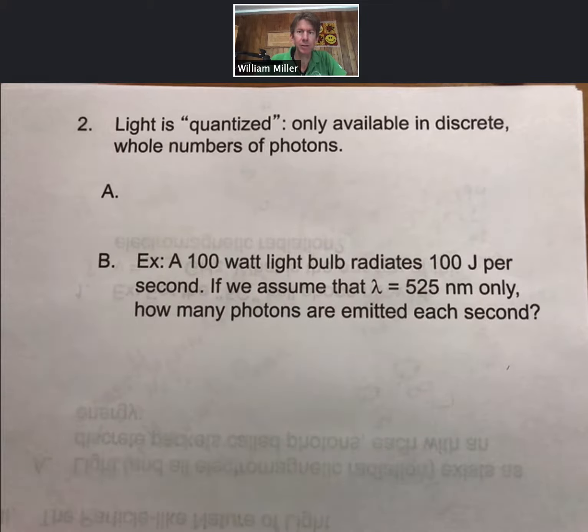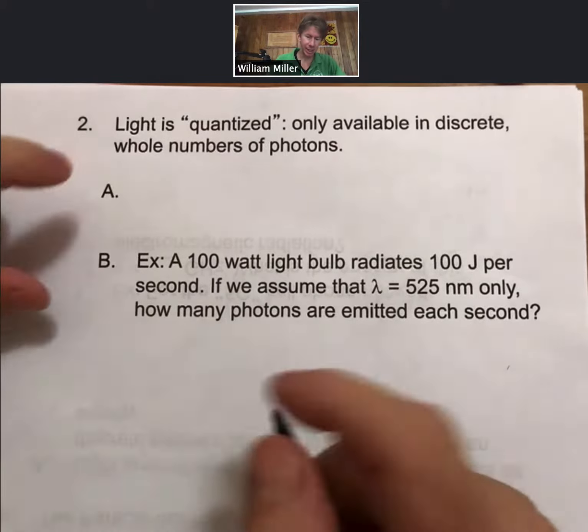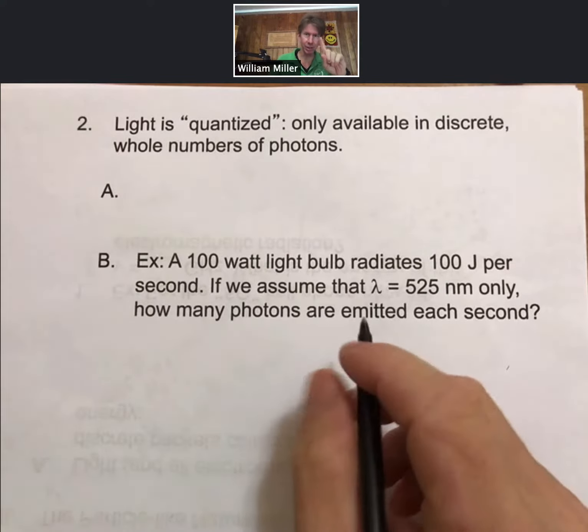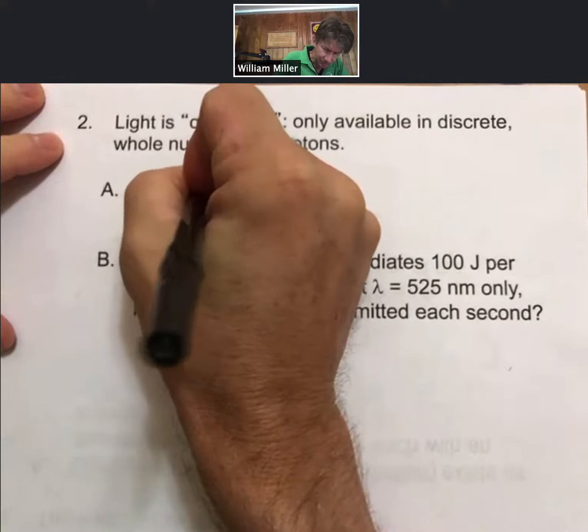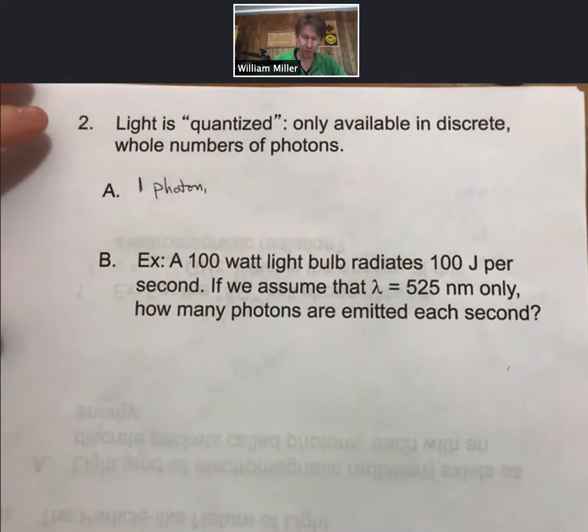Now, we've talked about photons, and we want to emphasize the quantum or quantized nature of photons. So light is quantized. They're only available in discrete whole numbers of photons. For example, you can have one photon. You can have two photons.